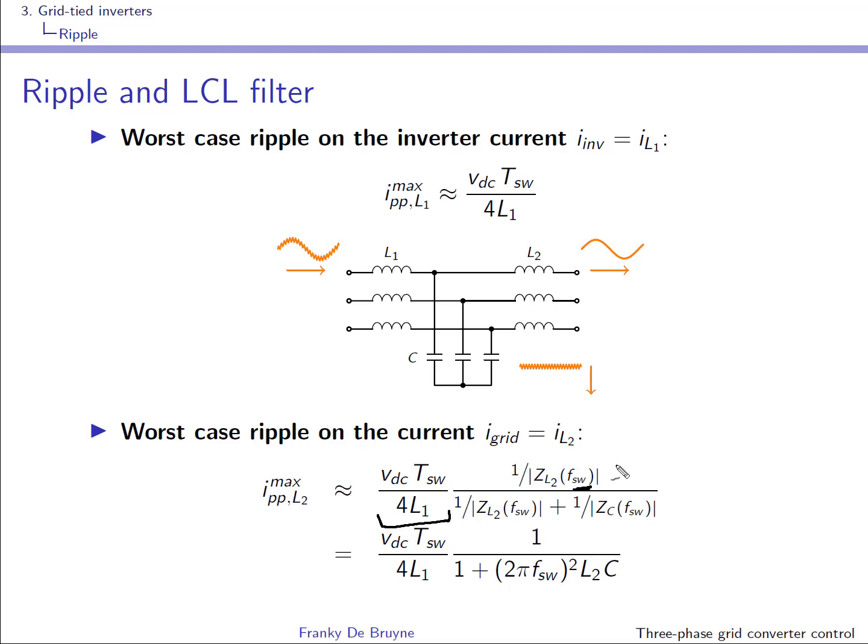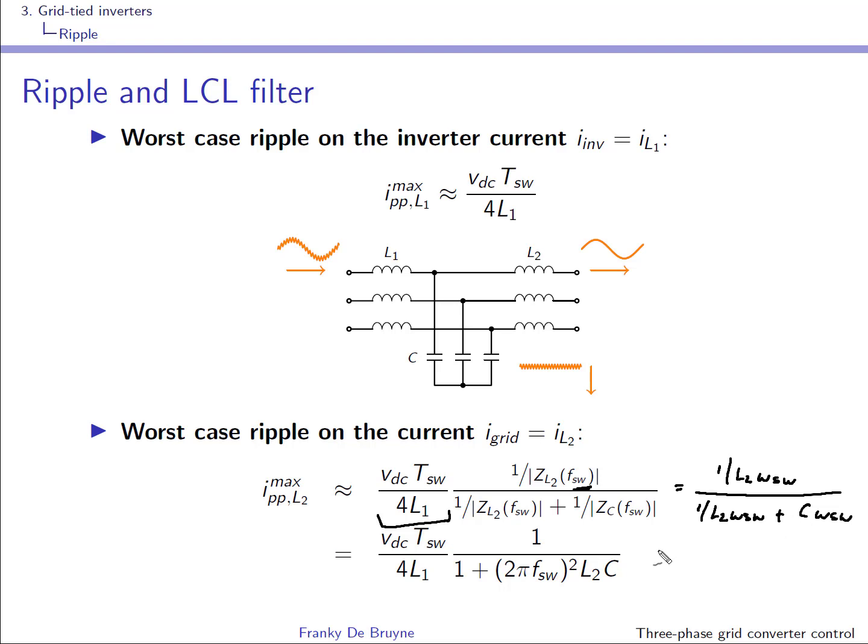So it's the admittance that you have here in L2 divided by the sum of the two admittances, and so since this admittance is small, there will be a small part of the ripple that will go through the second inductor, and if we write this formula you have 1 over L2 omega switch divided by 1 over L2 omega switch plus C times omega switch.